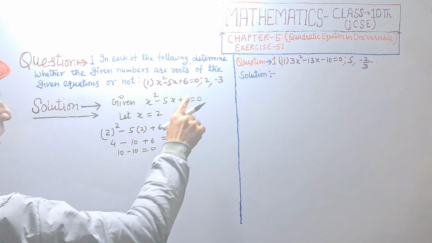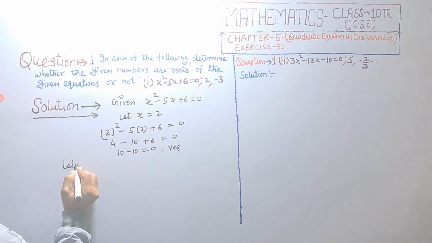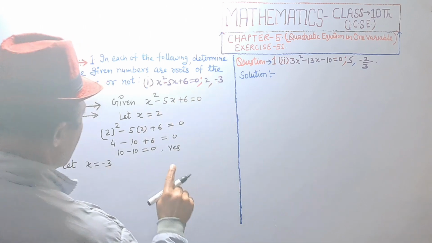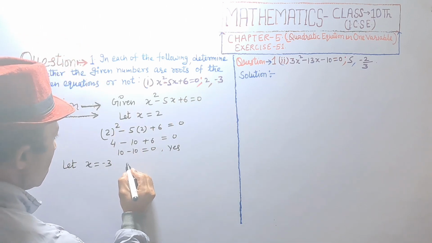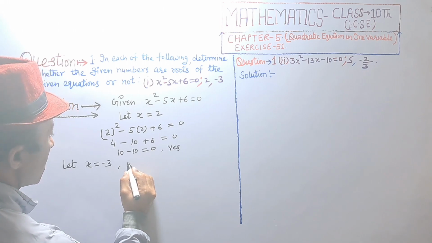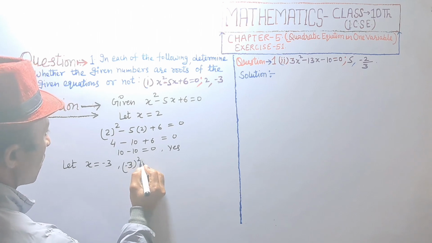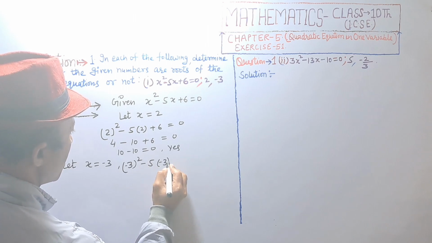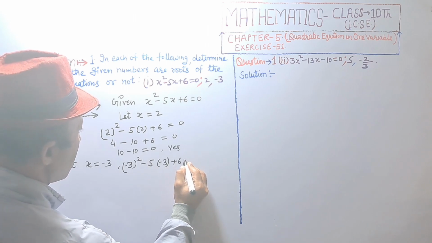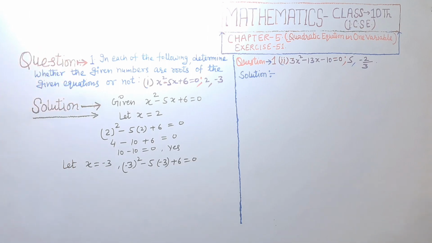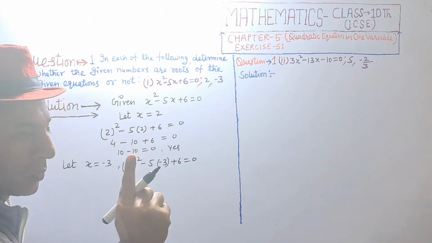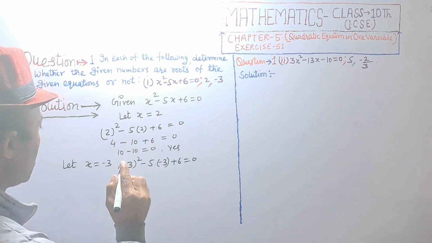And let x is equal to minus 3 be put in the given quadratic equation, that is minus 3 raised to power 2 minus 5 into minus 3 plus 6 equal to 0. Minus 3 raised to power 2 is equal to positive 9.